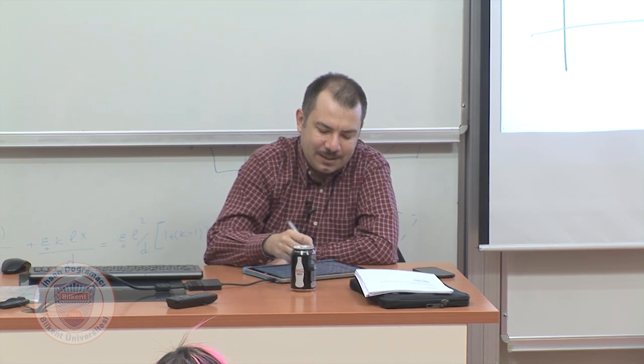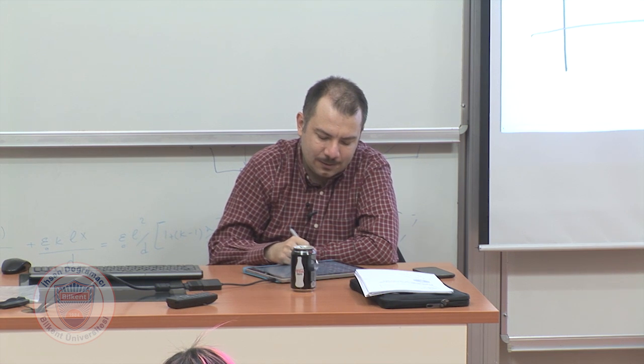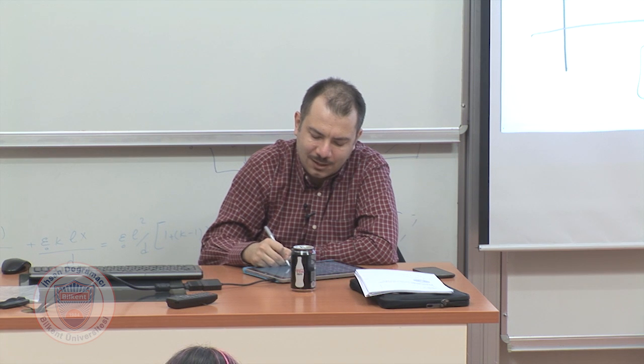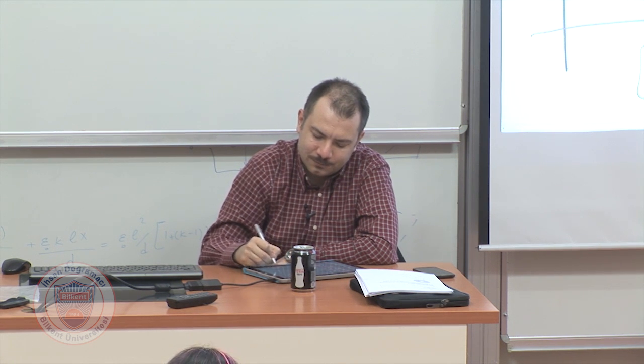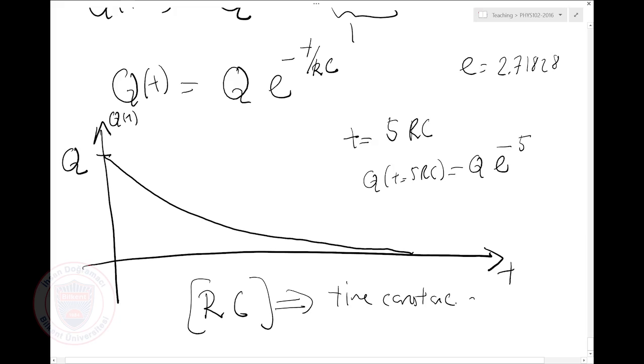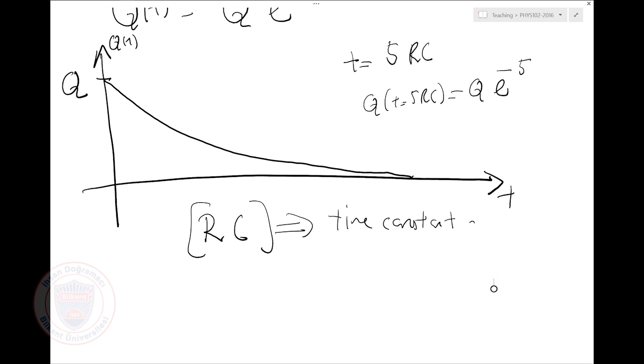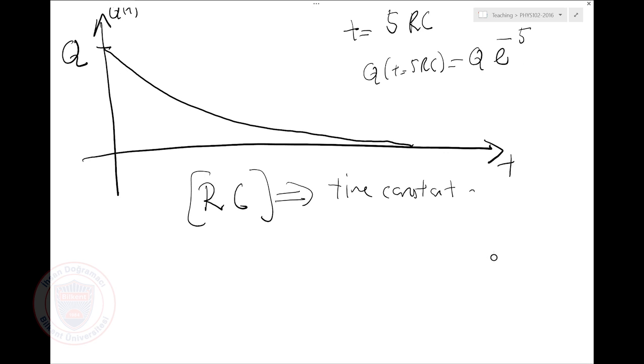So RC, R times C, is called the time constant of the circuit. And it's actually quite interesting. What is the unit of this? This is called tau, equals RC.